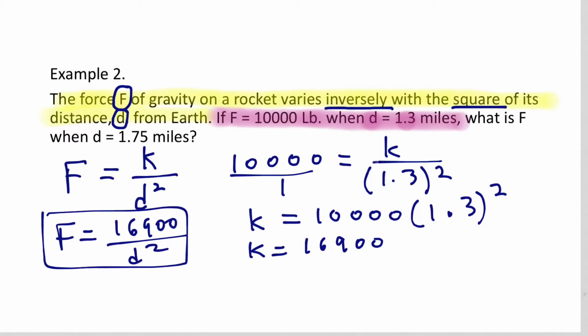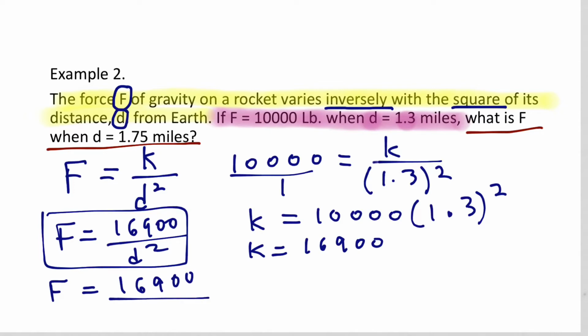Now we can answer the last part of the question that says, what is f when d is 1.75 miles? So what is f? We don't know f. k is 16,900. d is 1.75. Then square it.